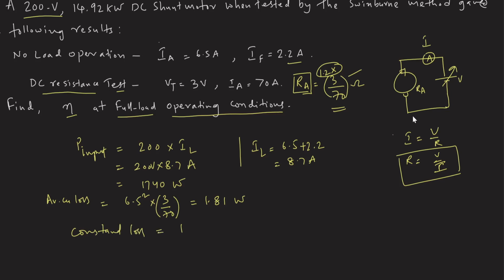Now, constant losses equals total input power minus 1.81 watts. So this comes to 1738.19 watts.